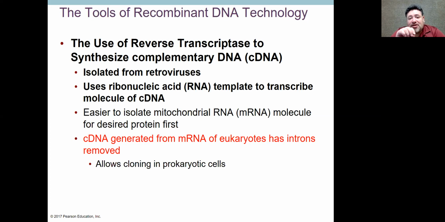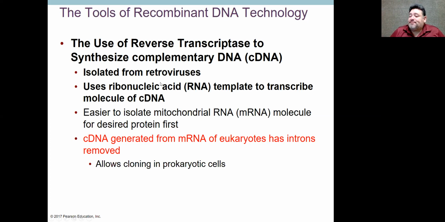And in order to accomplish this task, we need to take an enzyme, a machine, from these retroviruses, and the name of that machine is reverse transcriptase. What does it do? Again, reverse transcriptase goes backwards on the central dogma. It goes from messenger RNA back to DNA. It's a beautiful thing. This literally opened the doors of biotechnology. That's how important this is, okay?